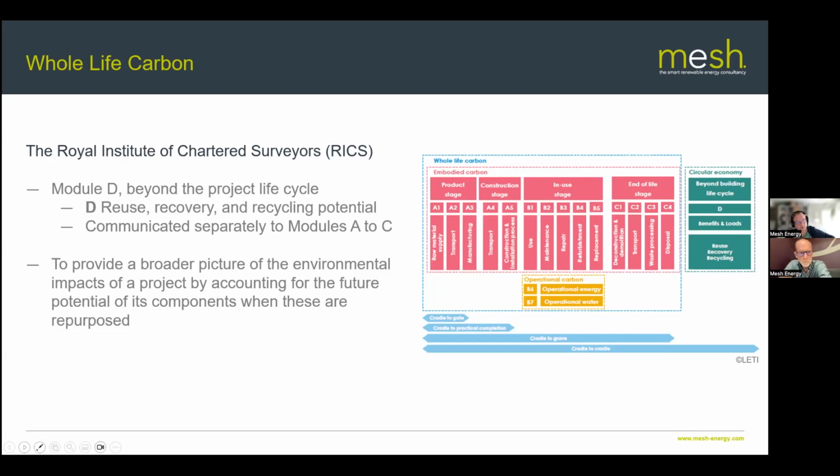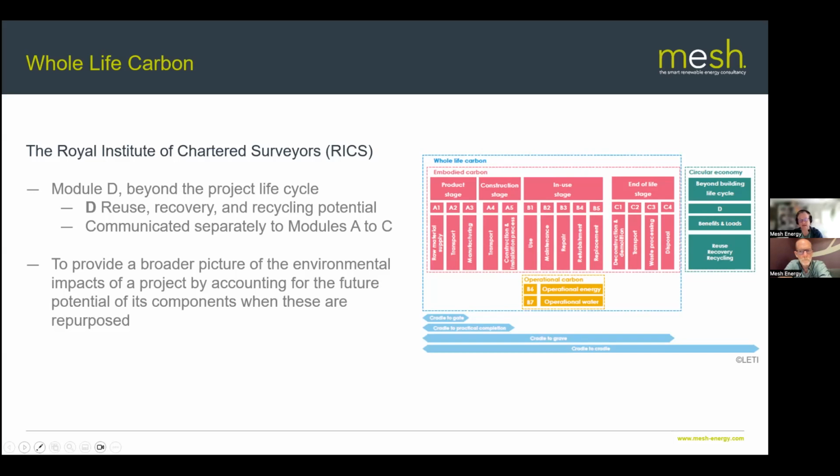So, for example, if you're building a timber building, then in the early stages, A1 to A5, that material has already sequestered carbon. And although that is a negative number, it is not subtracted from the project that it's being used for.